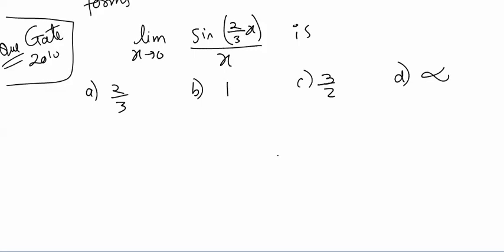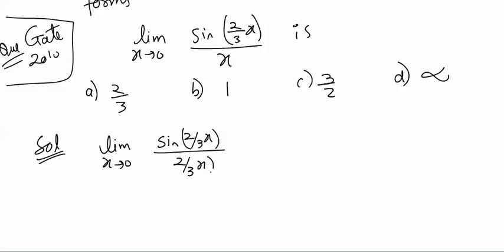Now, can you resemble this with some of the standard results? Yes, we can. We can say that it is of the form sin x upon x, or we can convert it into sin theta upon theta. So we have to do a simultaneous multiplication in the numerator also. Now if I see this particular part, what is this?